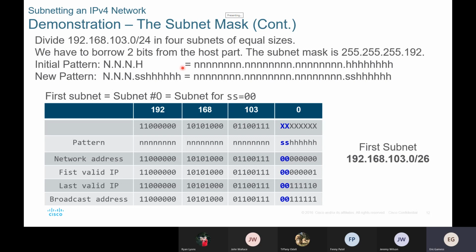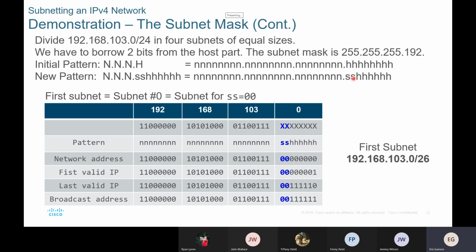So let's see it. Look at the initial pattern. Before I do subnetting, I have 24 bits for the network part, /24, and 8 bits for the host part. I'm going to borrow 2 bits. So these 2 host bits, I'm going to change them into subnet bits.